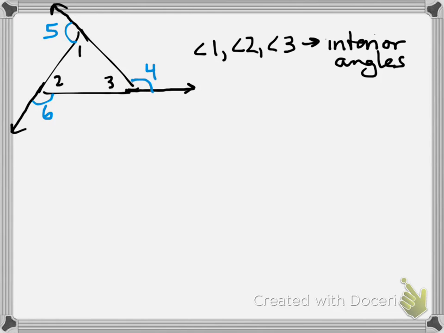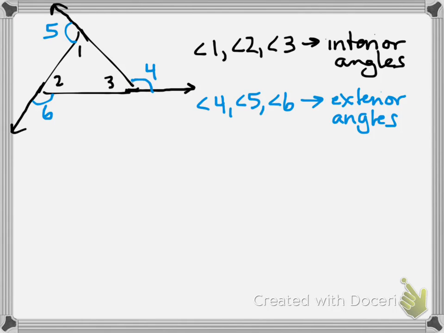So what do you think we call angle 4, angle 5, angle 6, if angles 1, 2, and 3 are called interior angles? What do you think we're going to call angles 4, 5, and 6? Exterior angles. Very good. Okay. So, what do we call angle 3 and angle 4?